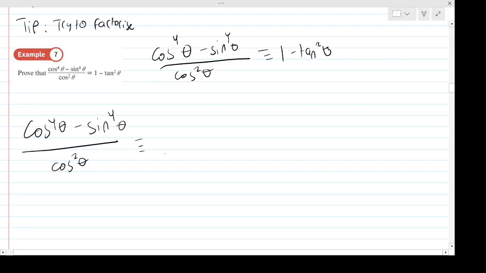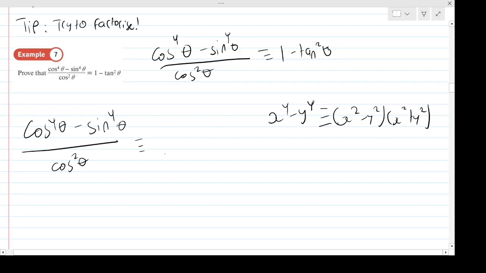And actually, I'll say that here because we can actually factorise the numerator. Because if I said that cos theta is x and sine theta is y, well, cos to the 4 theta minus sine to the 4 theta is just x to the 4 minus y to the 4. Hopefully you notice this is a difference of two squares, right? This is then going to be x squared minus y squared and x squared plus y squared, right?